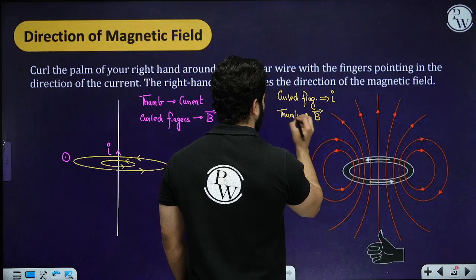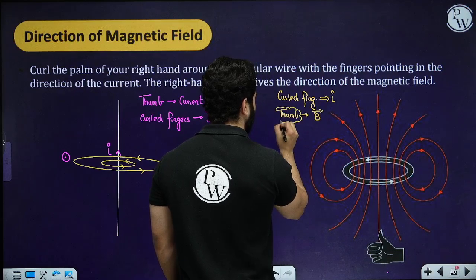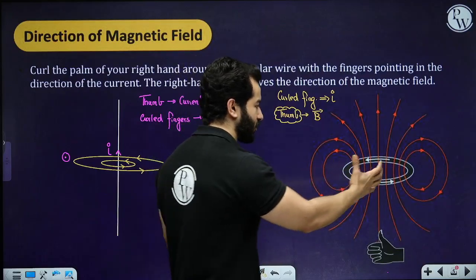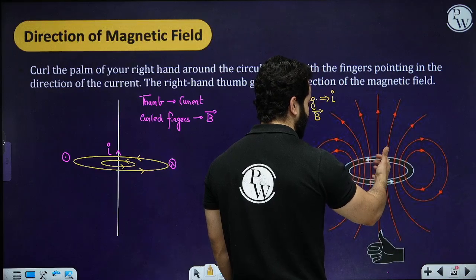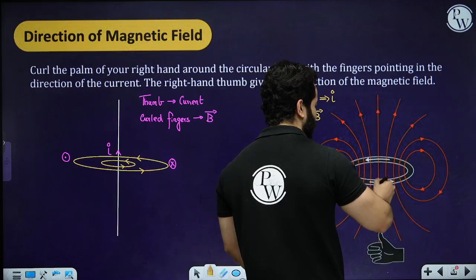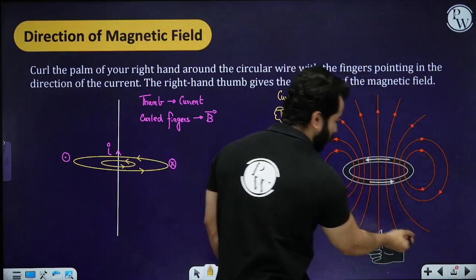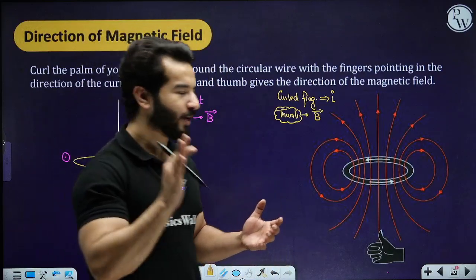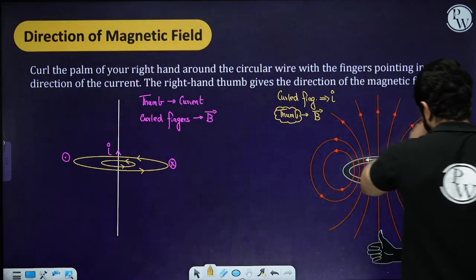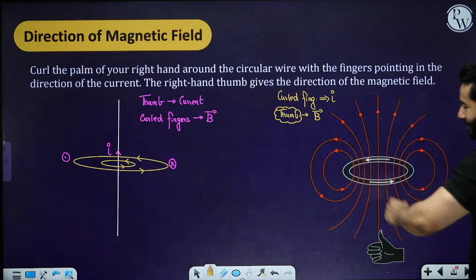So let's suppose the current is anti-clockwise, the thumb is pointing upwards, so the magnetic field lines must complete a loop. The magnetic field lines are closed continuous loops. You might have heard this in grade 10. So these magnetic field lines are going to be something like this.